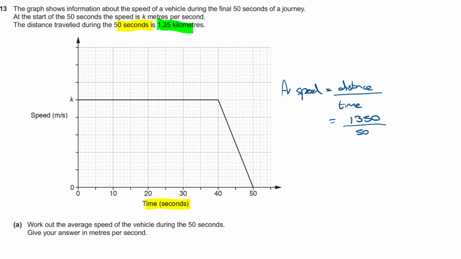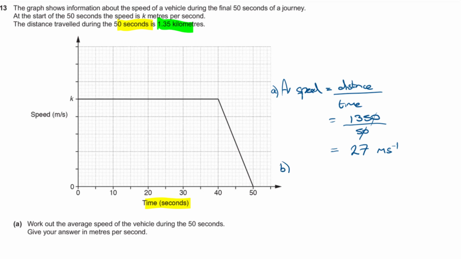So I've got 1,350 divided by 50, so I'm just going to cancel those zeros out. 135 divided by 5. Divided by 5 is the same as doubling it and dividing by 10, so 135 times 2 is 270, and then divided by 10 is 27, isn't it? So it's going to be 27 meters per second.